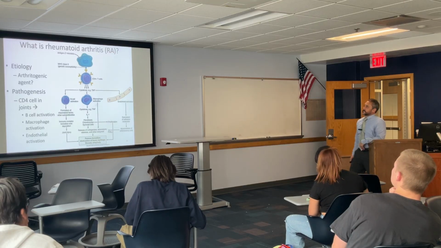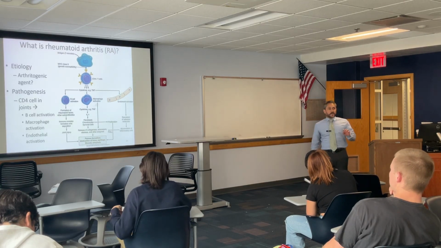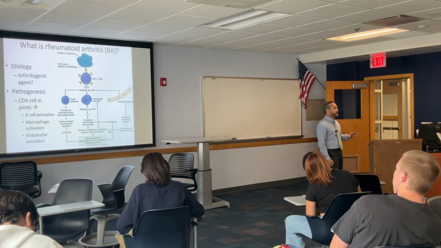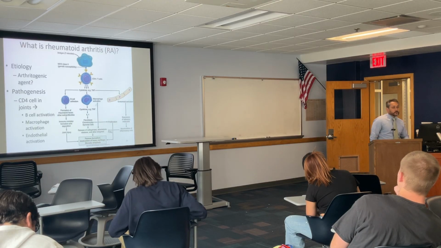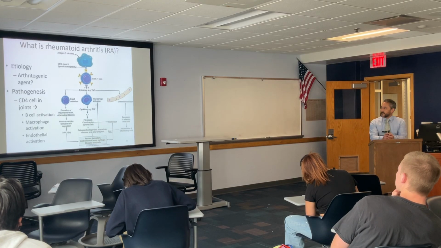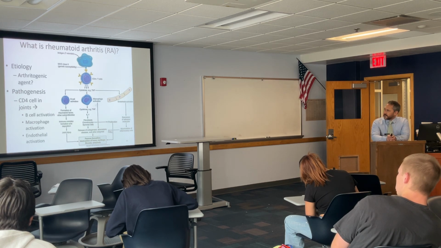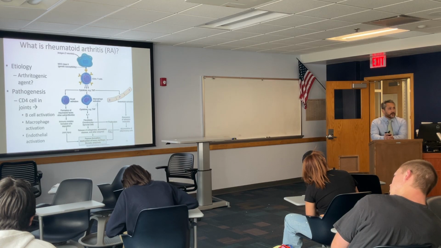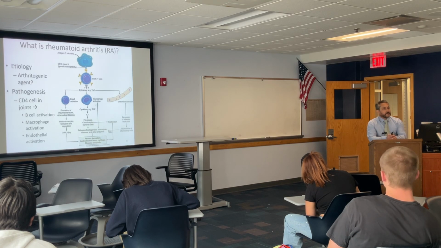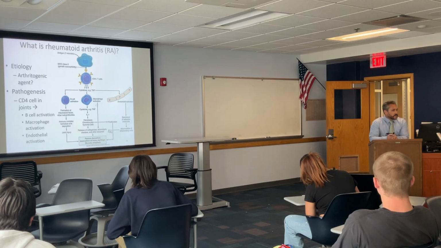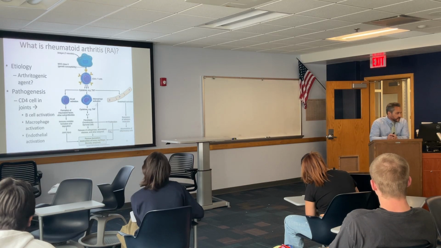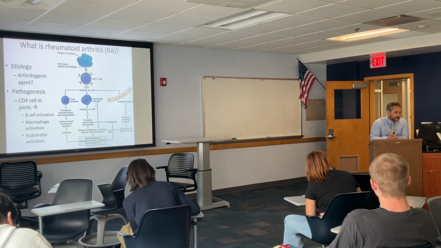Rheumatoid arthritis, not reactive arthritis. This is rheumatoid arthritis. Let me set it up this way. Rheumatoid arthritis involves an arthrogenic agent thought to be collagen 2. So collagen 2 is the alleged suspect.